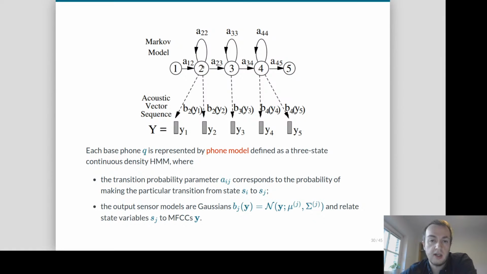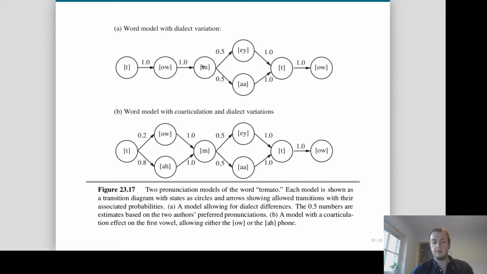Then these phones are part of this larger pronunciation model, so now we would associate the acoustic vectors to the pronunciation. These pronunciations are themselves associated to words. So you see how, in some kind of hierarchical fashion, we have associated these acoustic vectors from these elementary units up to words, which we need to produce the translation.